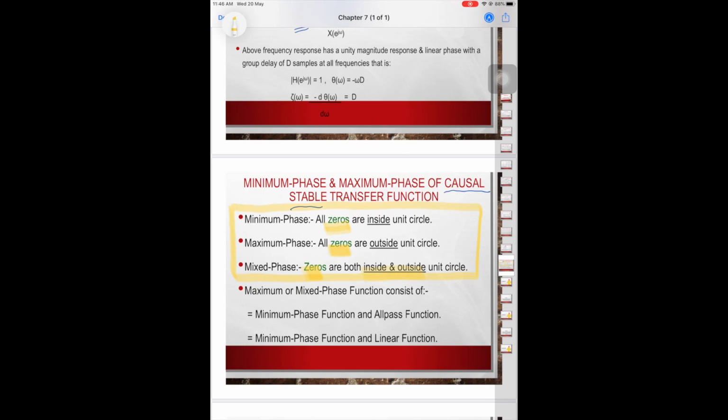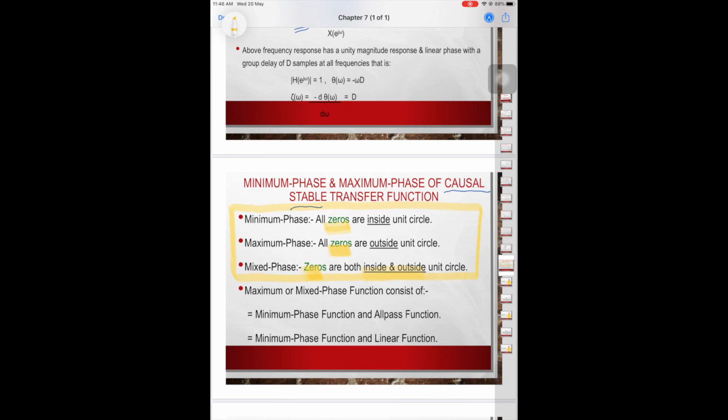Next, if your system is minimum phase, then the system is causal and stable, and you don't have to worry a lot. But if the system is maximum or mid-phase, then you need to worry, because you need to get a causal and stable transfer function.